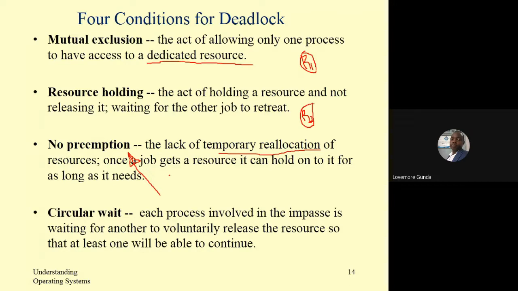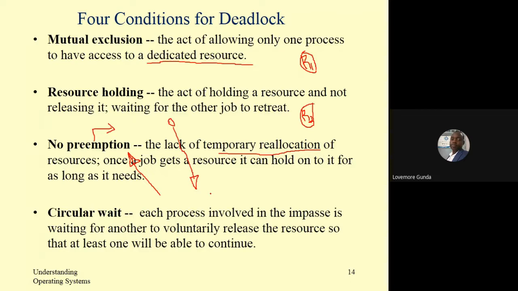In other words, preemption would be that when the operating system sees that this had been running for some time with the resource, it can take it away from it. That will avoid the deadlock. But if there is no such algorithm to take away a resource from a process that is running, then a deadlock can occur.